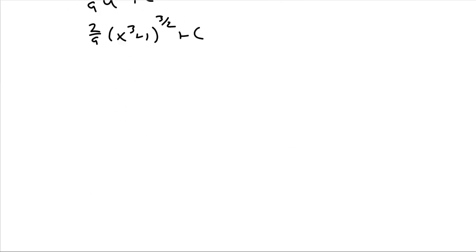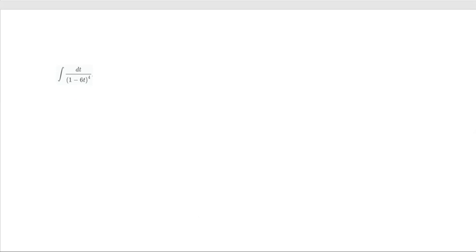Okay, so let's look at another one here. We have dt over 1 minus 6t to the 4th. And again, you're looking for composite function stuff. It's a lot of times one of the clues.